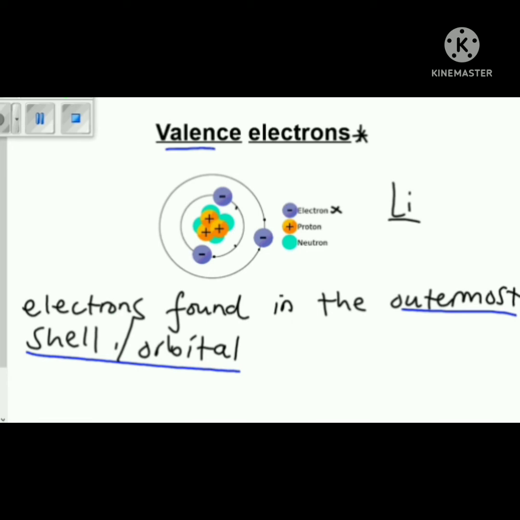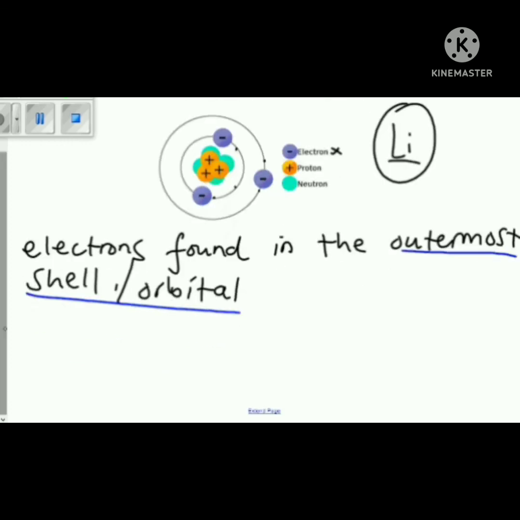Remember to go back to the earlier video if you didn't understand how to calculate electrons, protons and all that, for more clarification. We identified this as the lithium atom from the periodic table, because of the atomic number, which is the number of electrons alongside the number of protons. So the number of valence electrons of this lithium atom is 1.